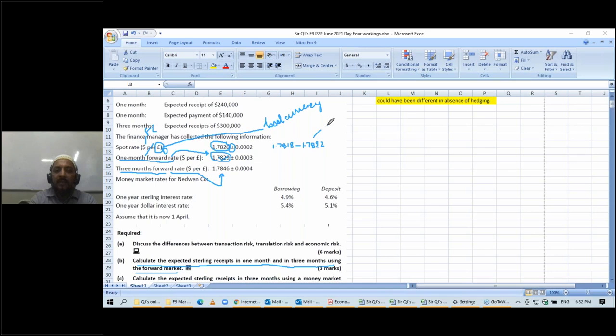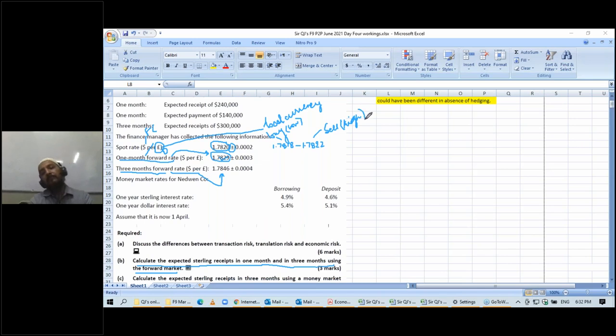Now which rate is higher? This is higher, this is their selling rate, and this is lower, this is their buying rate. The lower rate will be the buying rate. So at this rate they will buy the local currency, and at this rate they will sell the local currency. This is higher, and they will make profits in it.